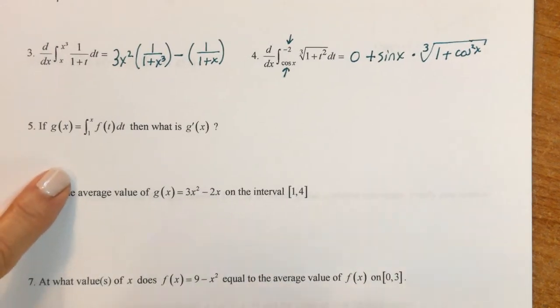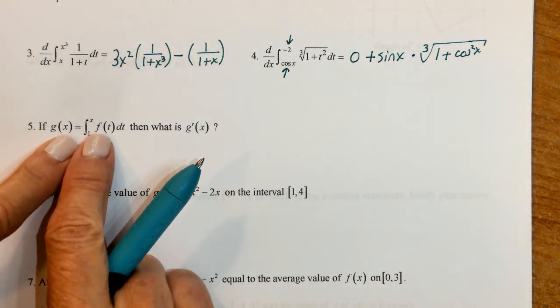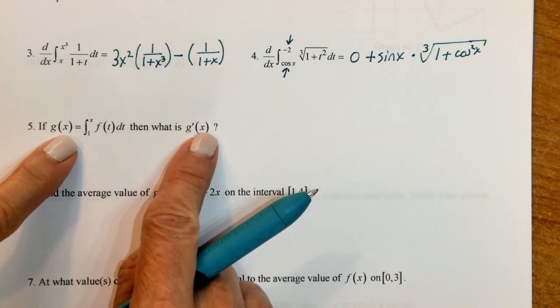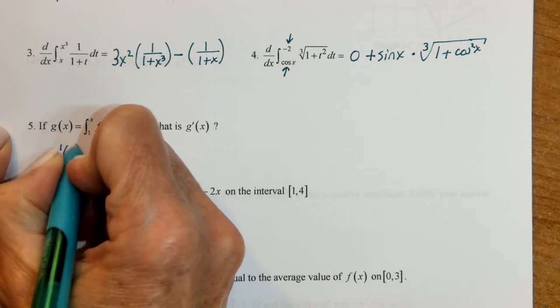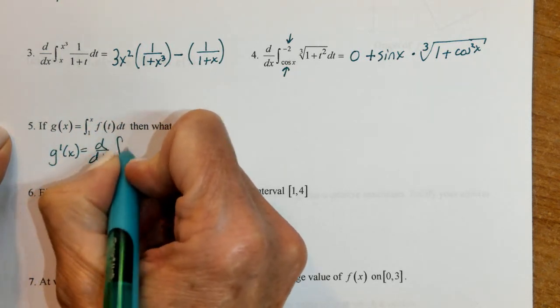Number 5. They give me that g of x is this integral. What is g prime of x? Well, g prime of x would be the derivative of that integral.